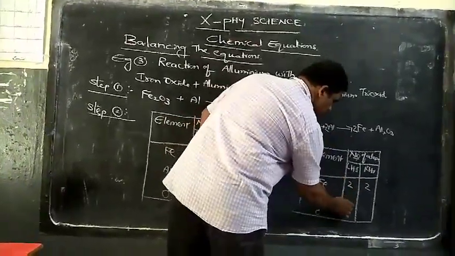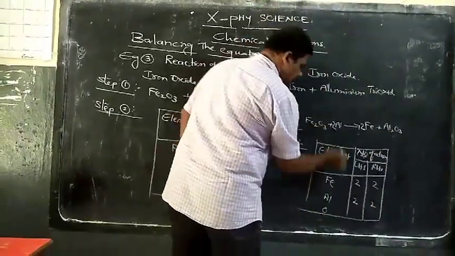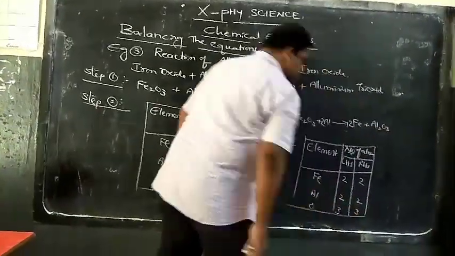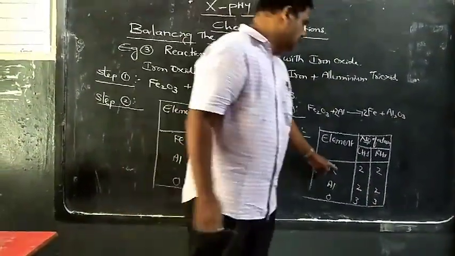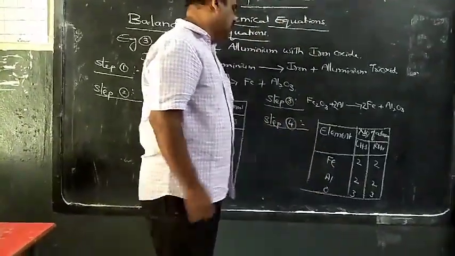On the left side there are 2 aluminium atoms, on the right side also 2 aluminium atoms. On the left side there are 3 oxygen atoms, on the right side also 3 oxygen atoms. Thus the number of atoms of elements on the left side and right side is the same. So we say that it is a balanced chemical equation.